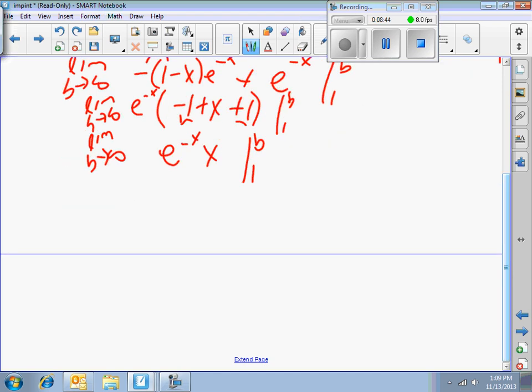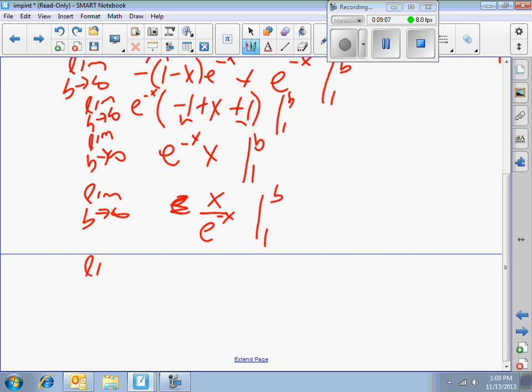All right, so now using the first fundamental theorem of calculus, I'm sorry, let's back up a little bit. Let me rewrite this. I'm not going to evaluate it yet. That's x over e to the x from 1 to b.